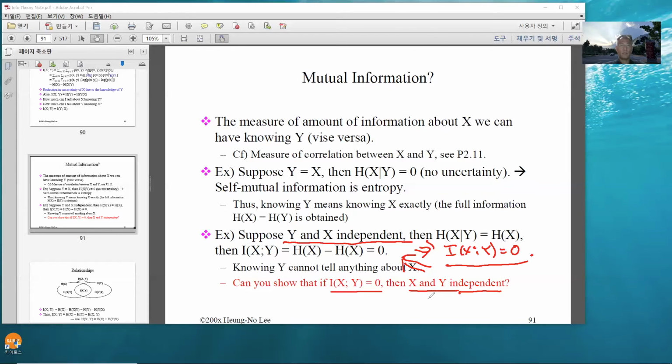The first one is the joint distribution, and the second one is the product distribution. And then we have proved in the relative entropy case that the two distributions must be the same when the relative entropy is equal to 0. That means the joint distribution must be equal to the product distribution. So that means X and Y are independent. So I have proven it already.